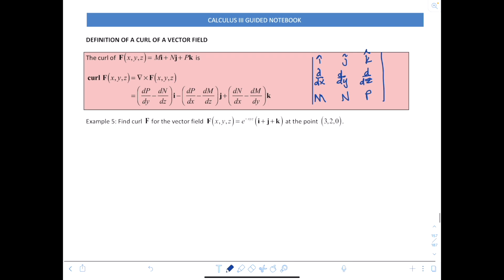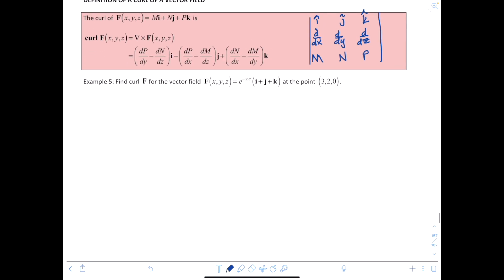Okay, so actually I said del, I should have said probably delta. Anyway, not delta. The del is representing the differentiating operation. So let's find the curl of F for this vector field.